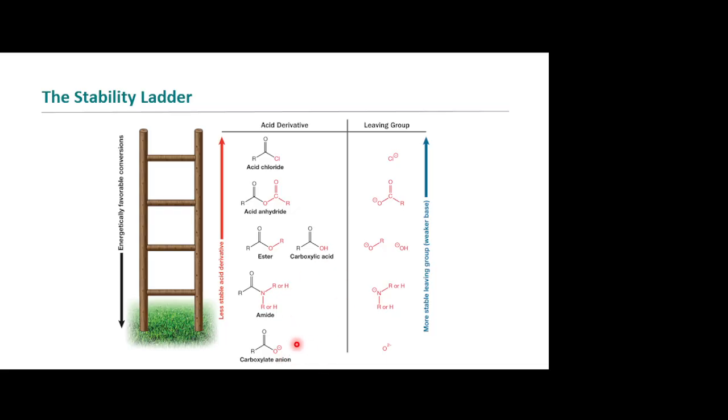So carboxylate anions, they're the most stable. What do you see all over the place in biological systems? All over your life, everywhere. Carboxylates, right? Yeah. All over the place, especially in Tennessee where they put vinegar in everything. Carboxylates. Then the next one up is going to be amides.